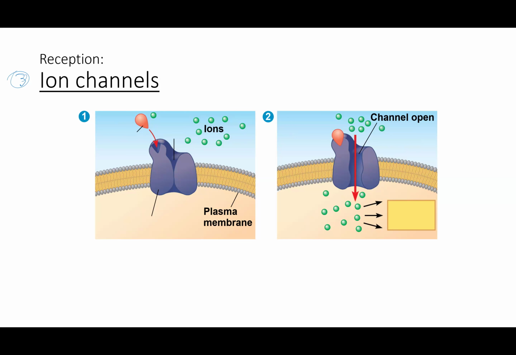Again, we see that we have a protein receptor in the phospholipid membrane, and this one is what we call a ligand-gated ion channel receptor protein. For some reason, we do not abbreviate this as an LGICR. I don't know why. The other ones get an acronym and these don't. So we just have to say ligand-gated ion channel receptor protein.